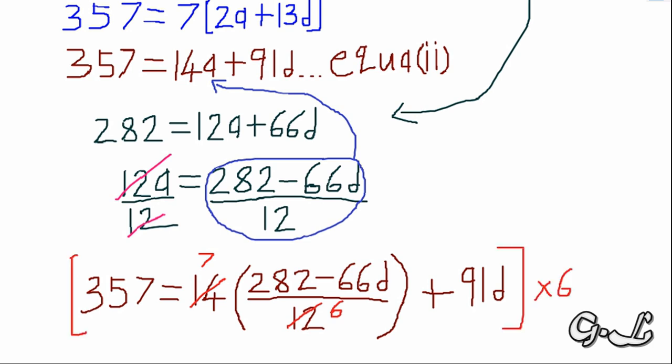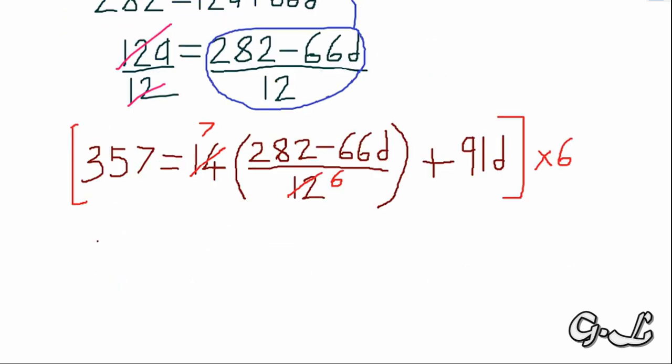Now we're going to multiply each term of this equation by 6. So 357 times 6 gives you 2142.